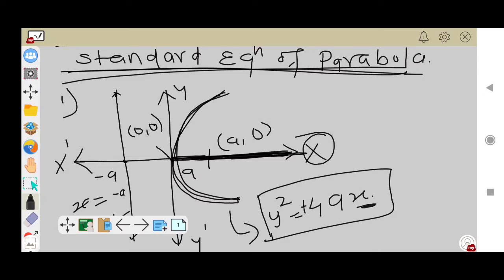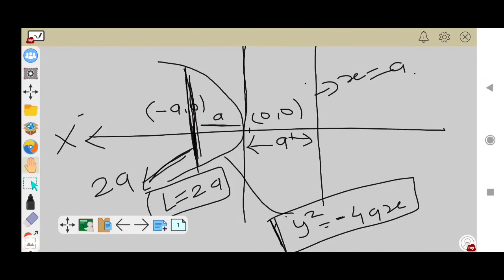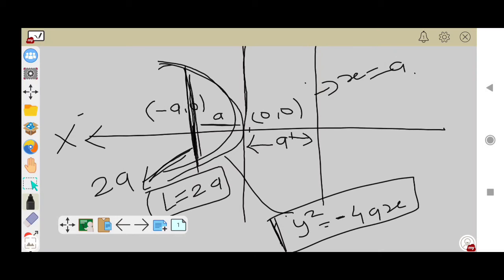See, what we will do first is write this 12x in the form of 4 into something into x or y, whatever the equation given. So 4 into what? Multiply and divide by 4.